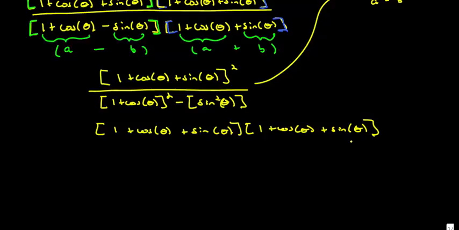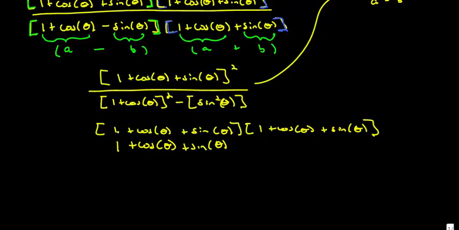Okay, if we actually do square that thing out, what am I going to get? Oh, an ugly mess. Oh, well, let's just see what happens here. Okay, so 1 times 1 is 1. So I'm going to get 1 plus cosine theta plus sine theta.